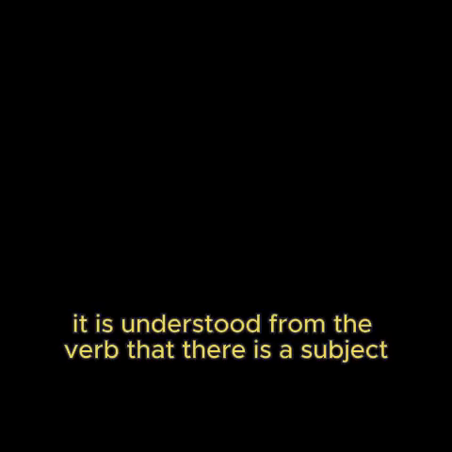Like in Arabic, for example, if you say كتب رسالة, well, كتب is a verb that carries its subject with it. You understand, it is understood from the verb that there is a subject, and we refer to it as the hidden pronoun. Okay, الضمير المستتر.